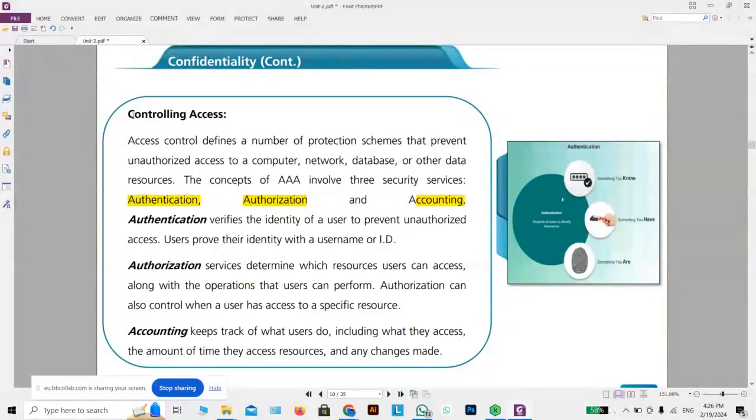Whenever you need to control access, you apply it through different security services: authentication, authorization, and accounting. Authentication, as I already told you, is a process of identifying a user and granting them access to the network. Let's talk about authorization. Right after authentication, you get authorized.